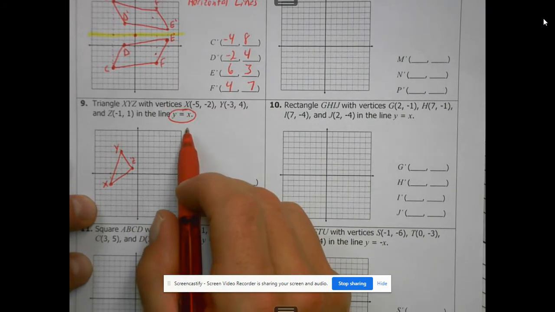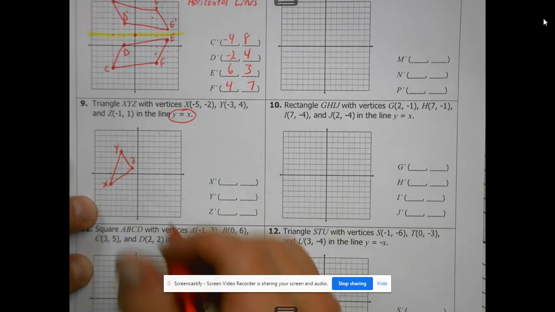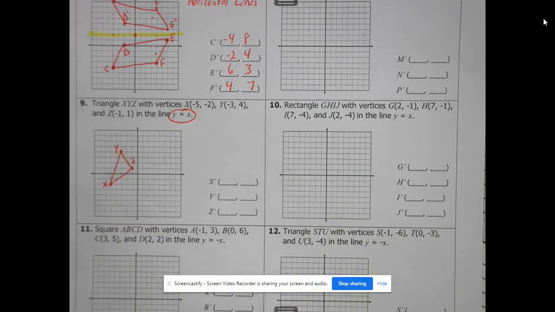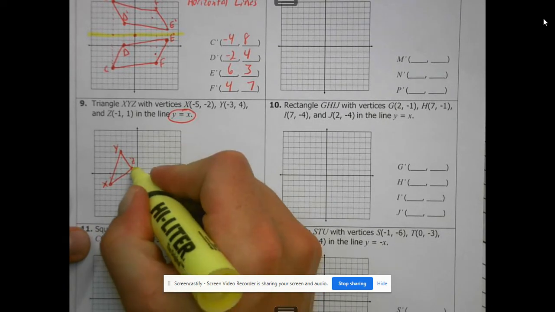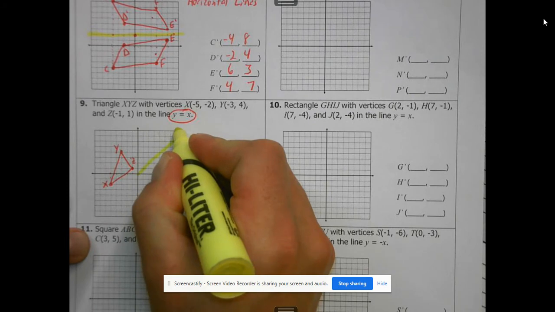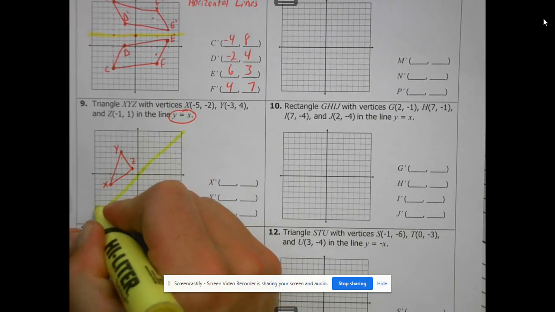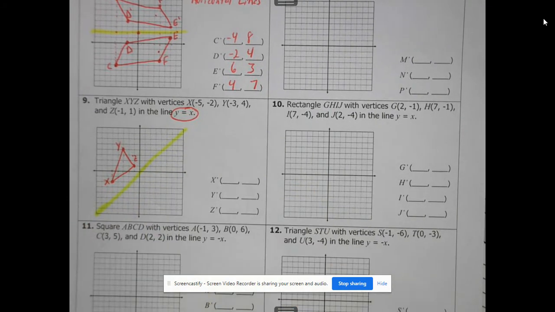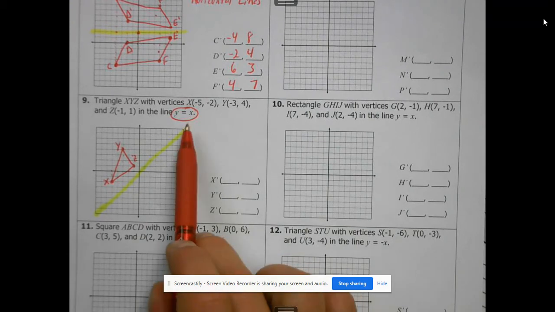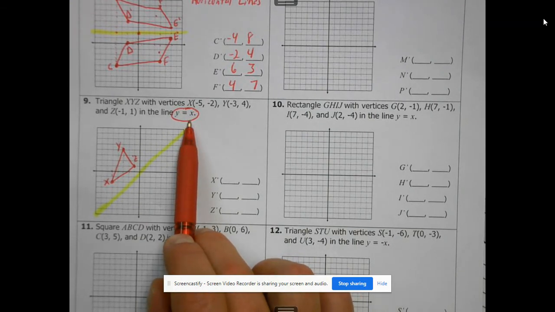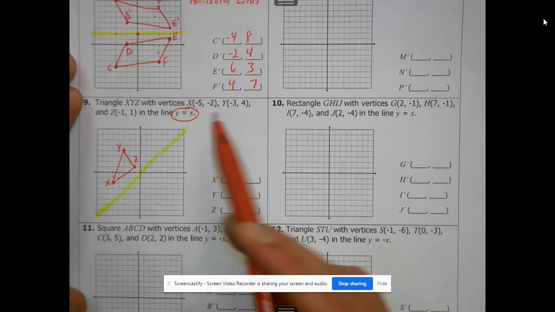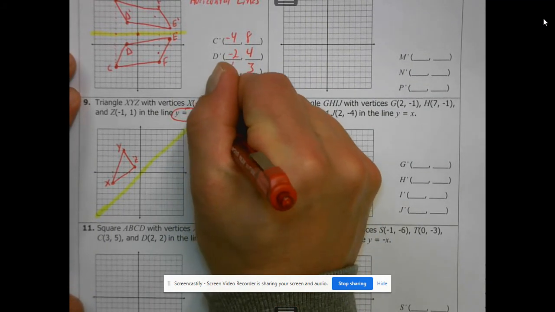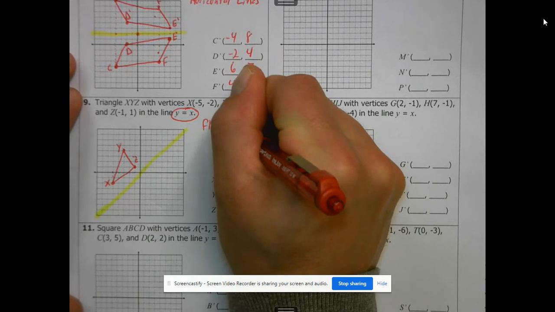And for this one, y equals x is a line that goes up to the right. So something like that. So now we have an estimate of where that line of reflection is at. But for the points, here's how it works. Whenever I give you the reflection y equals x, all you have to do is flip the coordinate points.